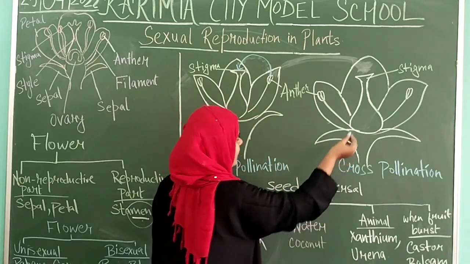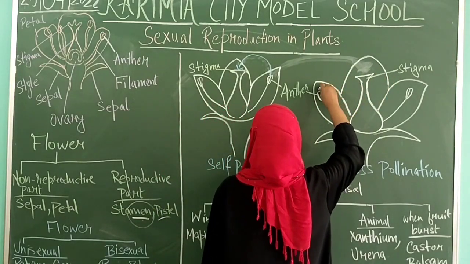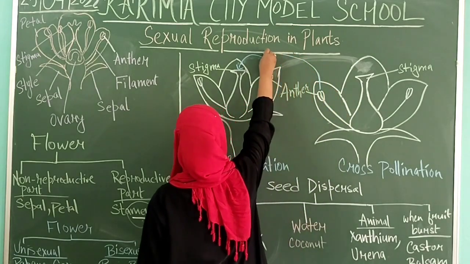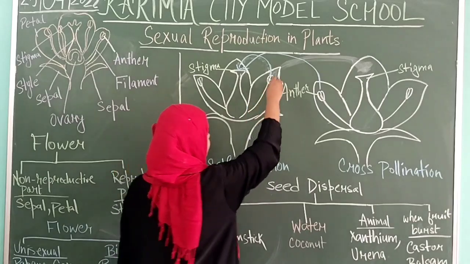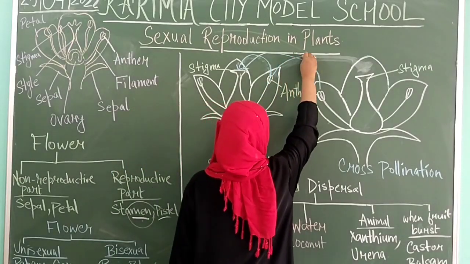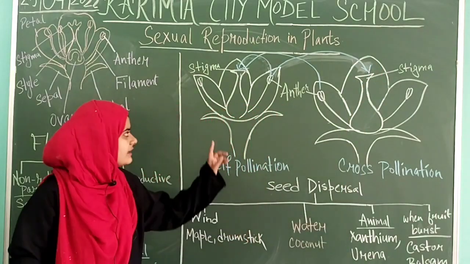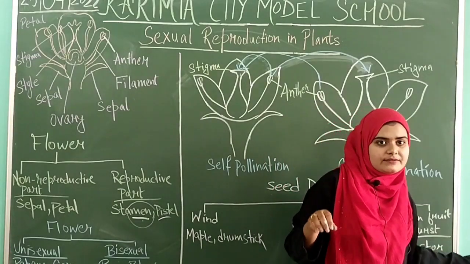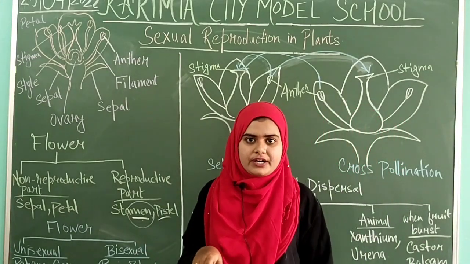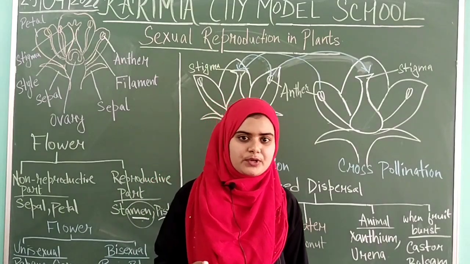From a different flower the anther comes to the stigma of this flower, or the anther travels from this flower to the stigma of the other flower. It travels from one flower to another flower of the same kind of plant, so we call it cross-pollination.